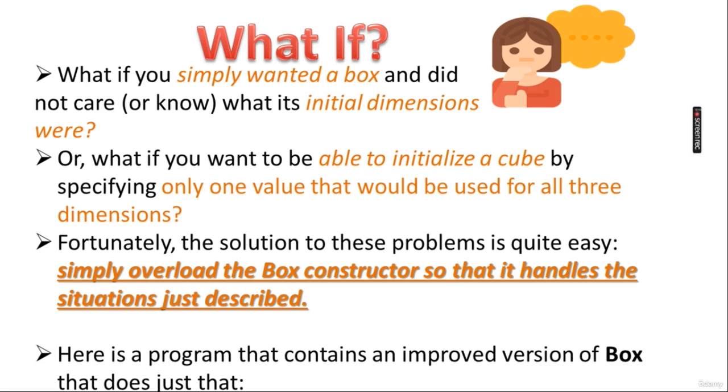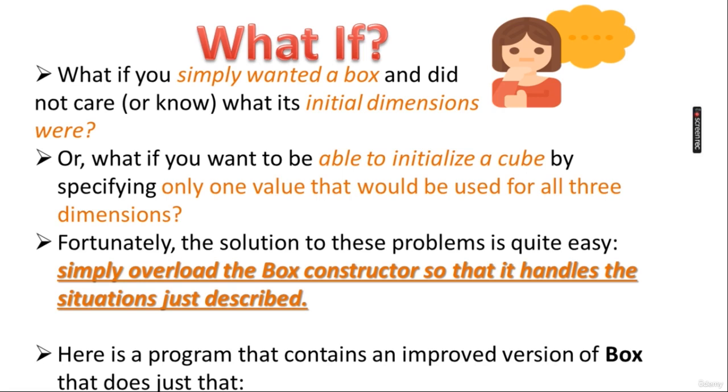But what if you simply wanted a box and did not care or know what its initial dimensions were? Suppose you have a box and at that moment you do not know the initial dimensions of that box. Or what if you want to be able to initialize a cube by specifying only one value that would be used for all three dimensions?